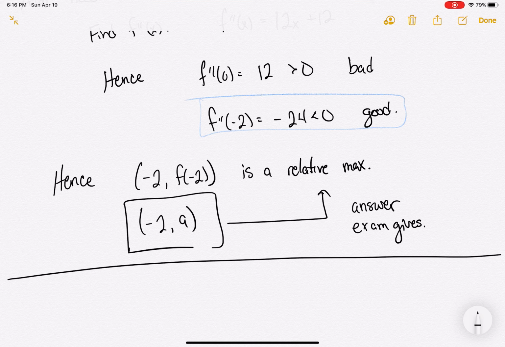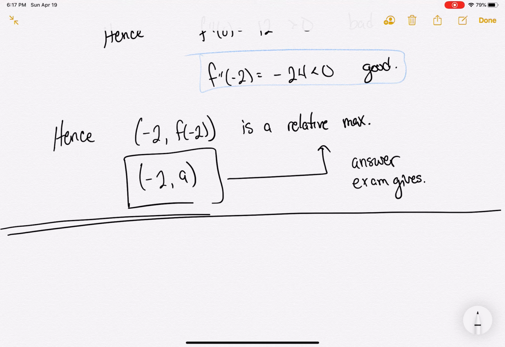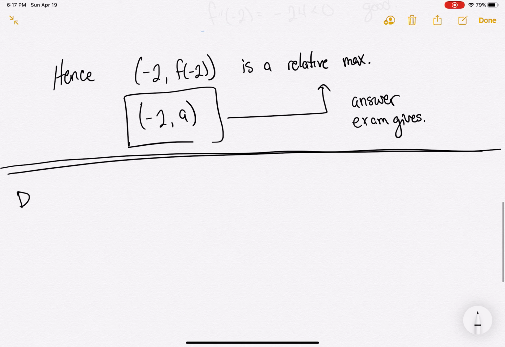So I mentioned this the last time, but I'm going to reiterate it because I can't stress this enough. Do problems like this first.